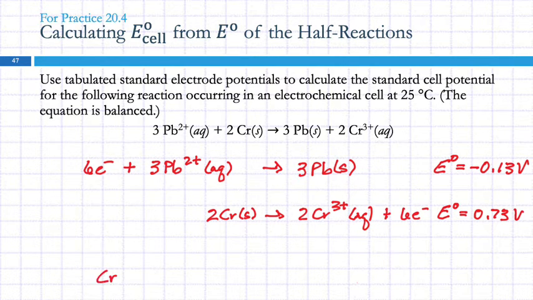Because what it showed us over there, right, that's what it showed us. Here, I have chromium being oxidized, not reduced, and so it's going the opposite direction, so I change the sign.